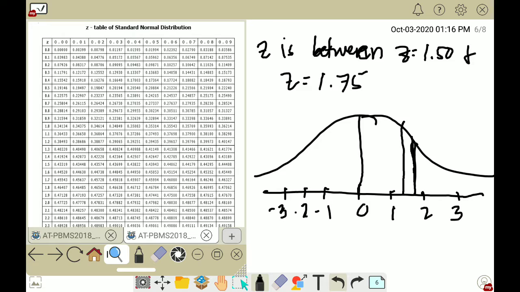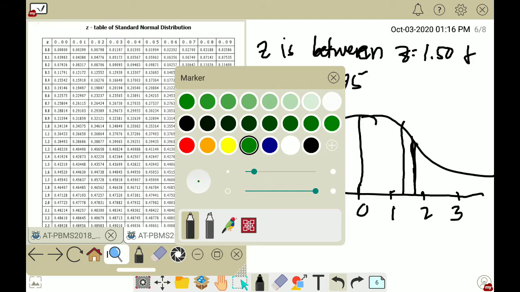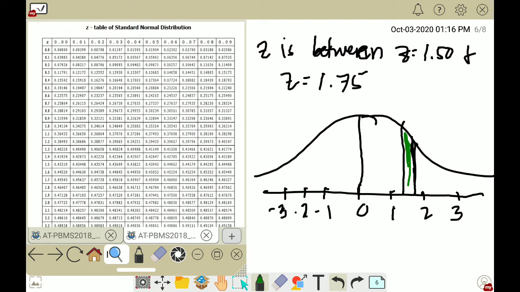If we color that one, this is somehow complicated, right? This is the area that you wanted to have. So for example, we're going to express A as 1.5 and B as 1.75. This is your A, this is your B.